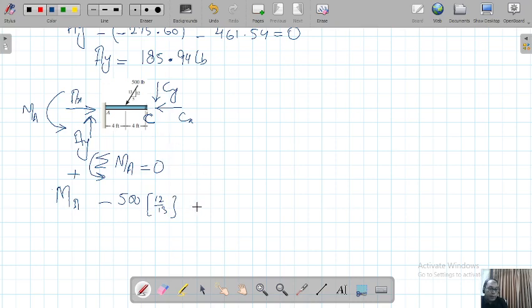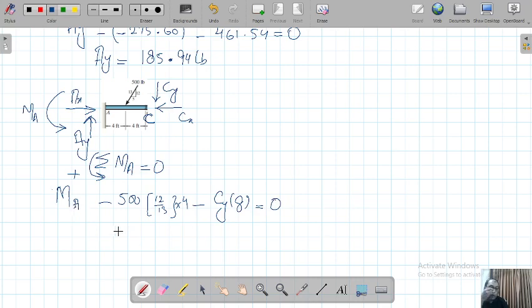This Cy is going to be again a clockwise movement, minus Cy into 8. Okay, and is equal to 0.